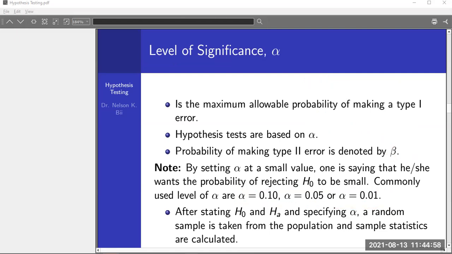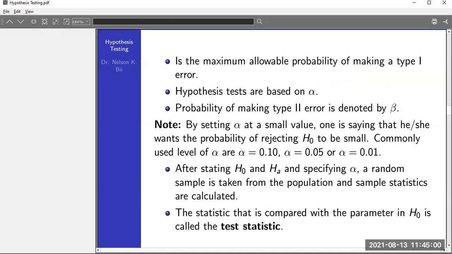So once you state the null hypothesis and the alternative hypothesis and specify the level of significance, then you can take a random sample from a population so that you can calculate the sample statistics. So we have what we call the test statistic. The statistic that is compared with the parameter in the null hypothesis is called the test statistic.